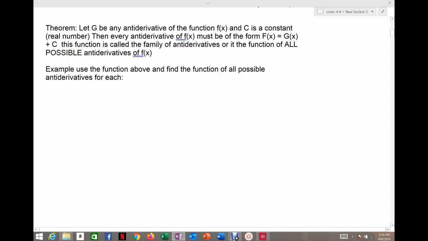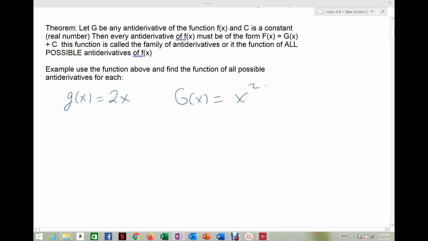Using the examples above, the g of x was 2x, and so the family of antiderivatives for that was x squared plus C, meaning C can be anything, and there are infinitely many values C can be, so this is all possible antiderivatives.